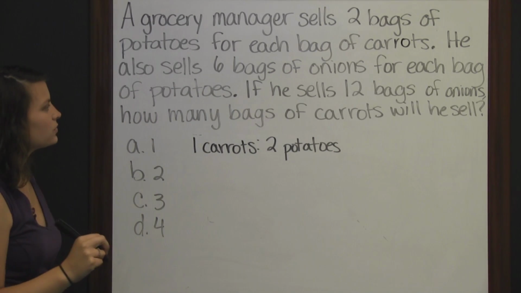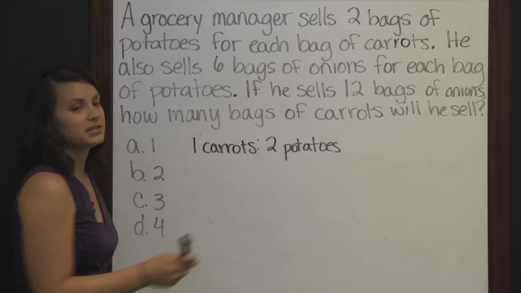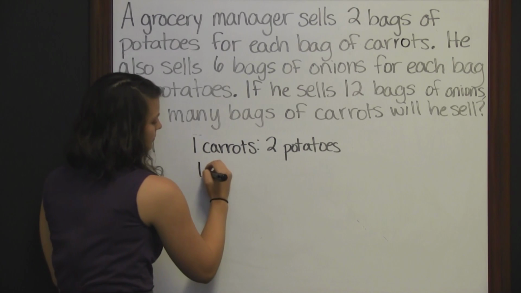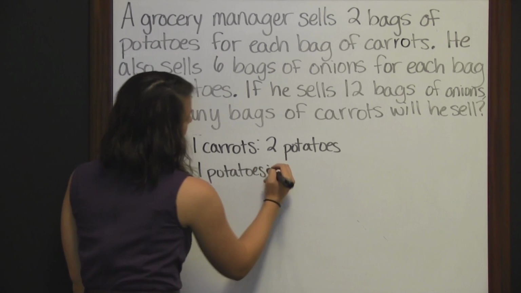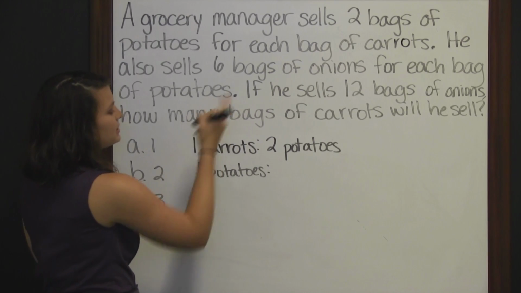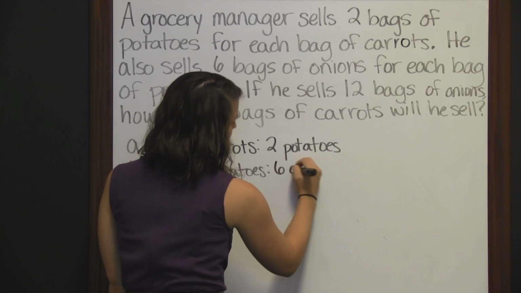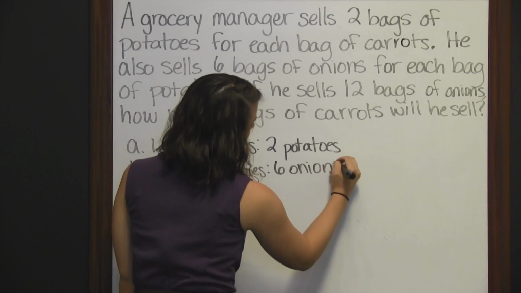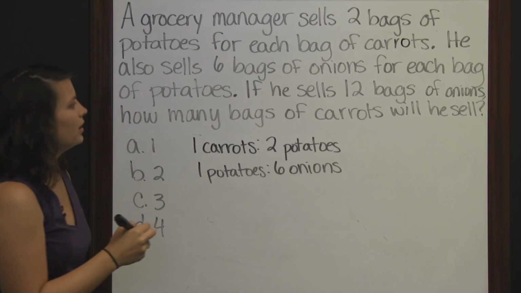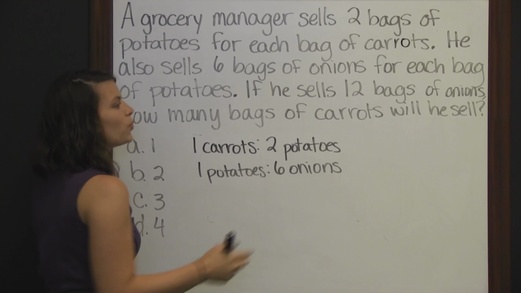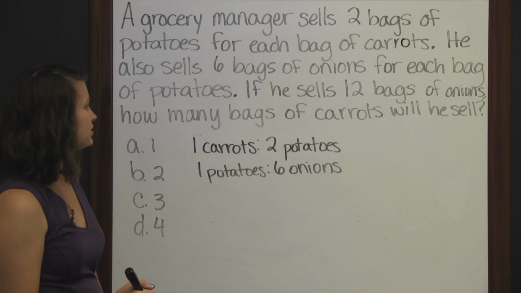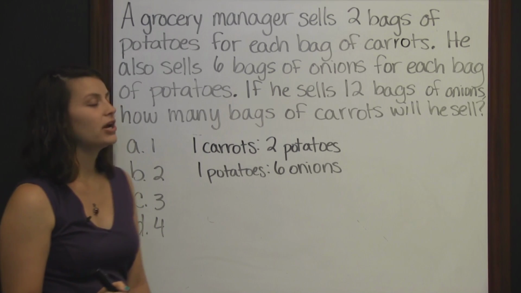In the second sentence, we're told that for each bag of potatoes, he sells 6 bags of onions. Then in the third sentence in our question, it says, if he sells 12 bags of onions, how many bags of carrots will he sell?